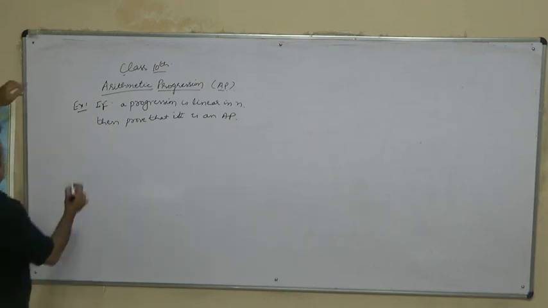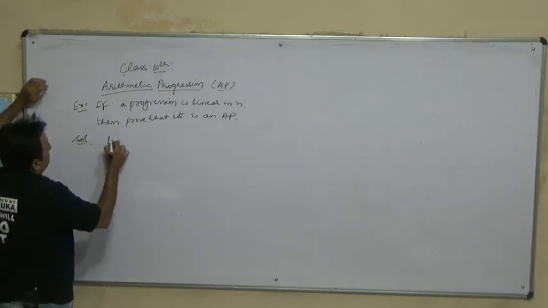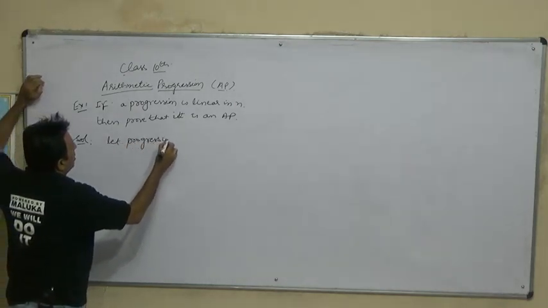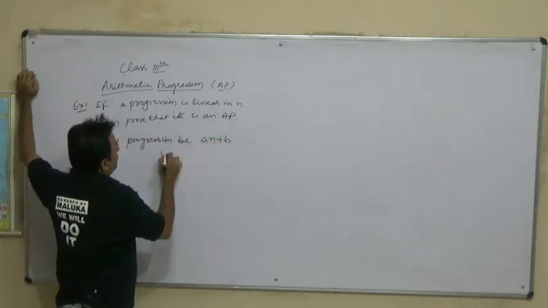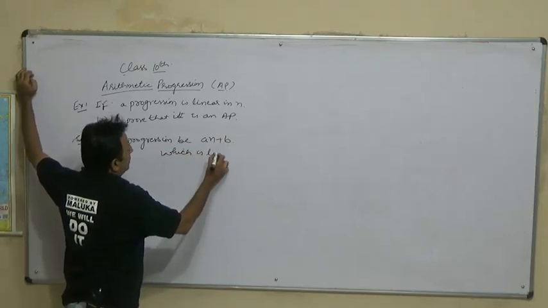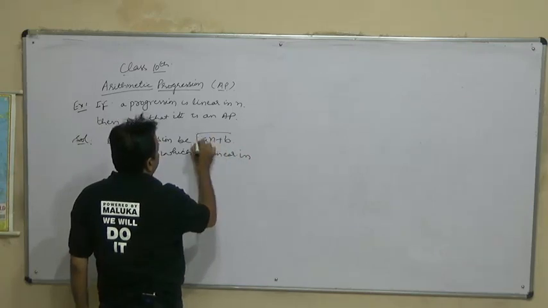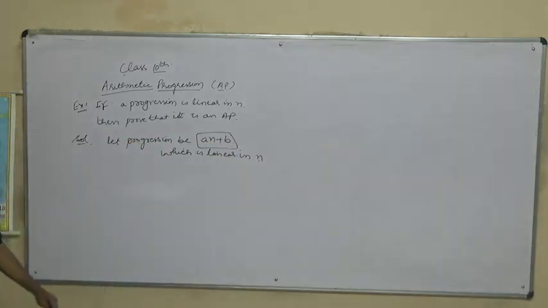So the solution is, let us assume the progression be an plus b, which is linear in n. You can observe that this expression is linear in n. We have to prove that this is an AP.